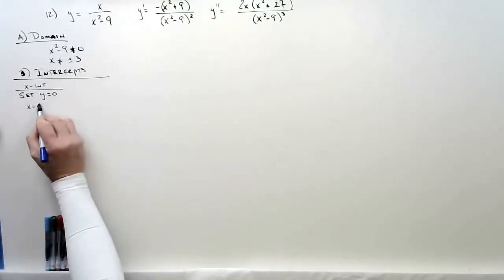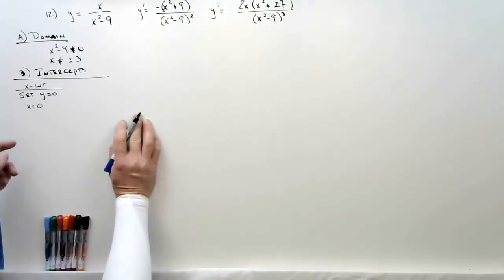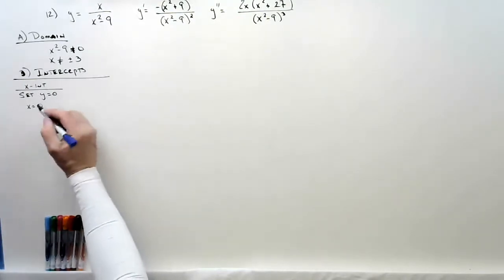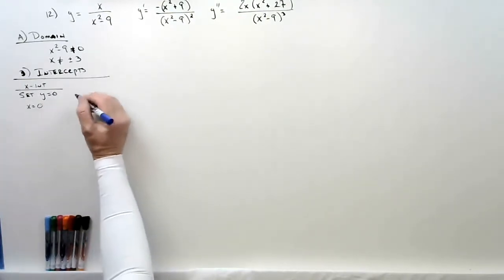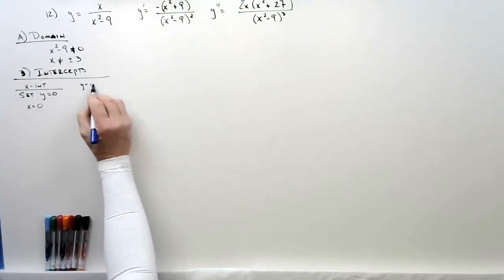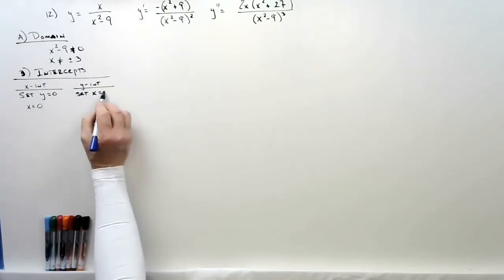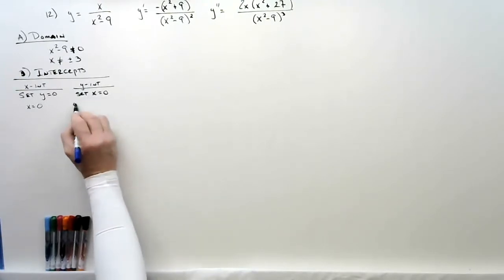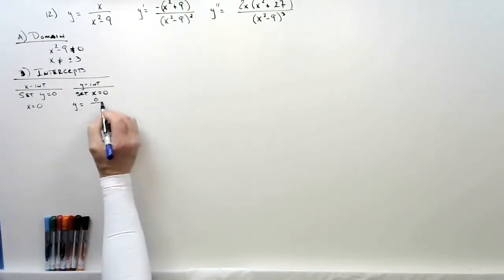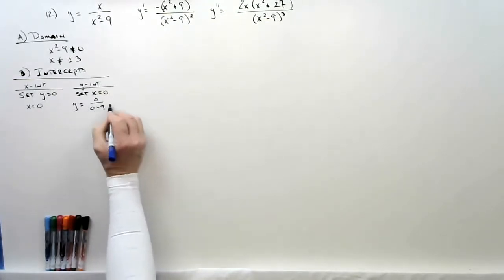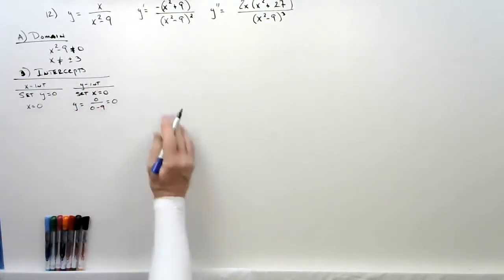So the numerator is x. I set that equal to 0 and I get x equals 0. That's the y-intercept as well, but we'll write the step over here. To find the y-intercept, we set x equal to 0. That gives me y equals 0 divided by 0 minus 9, or 0.